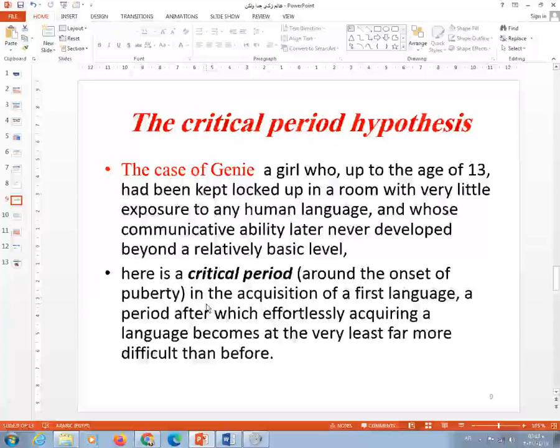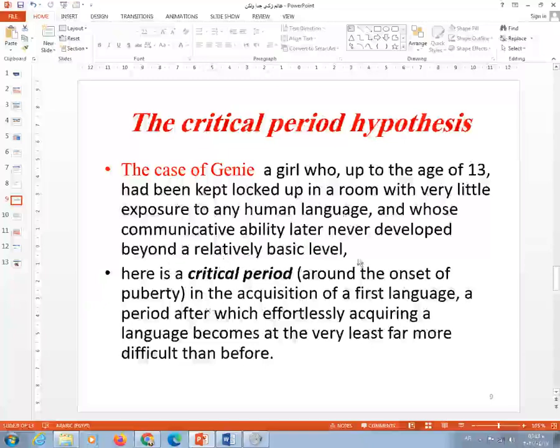We have the case of Genie, a girl who up to the age of 13 had been kept locked up in a room with very little exposure to any human language, and whose communicative ability later never developed beyond a relatively basic level.